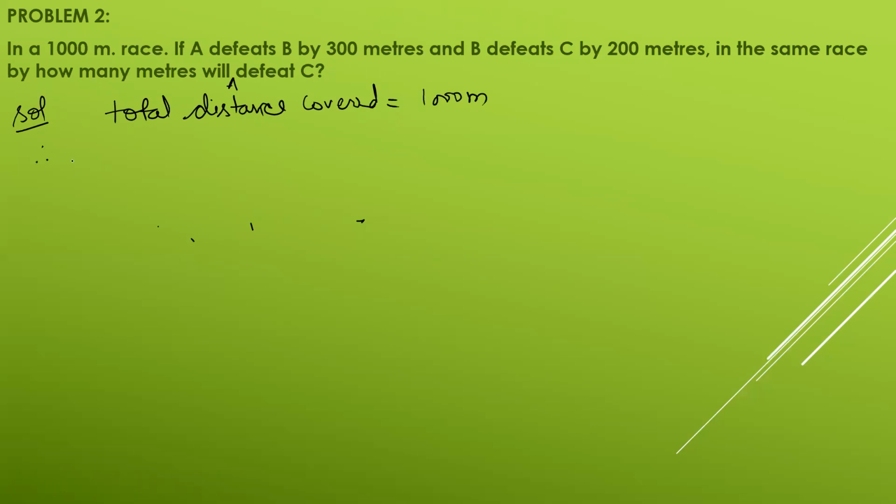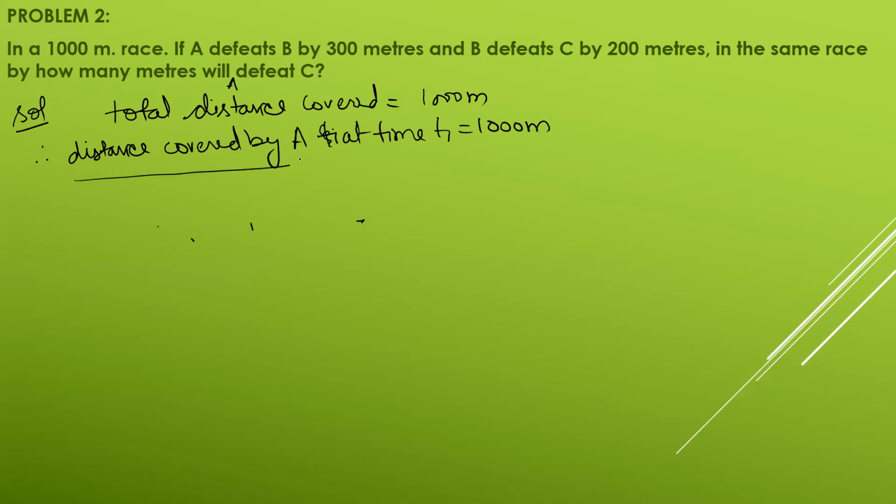So therefore, distance covered by A at time T1 is equal to 1000 meters, and distance covered by B at time T1 is equal to, A defeats B by 300 meters, means 1000 minus 300 is equal to 700 meters.